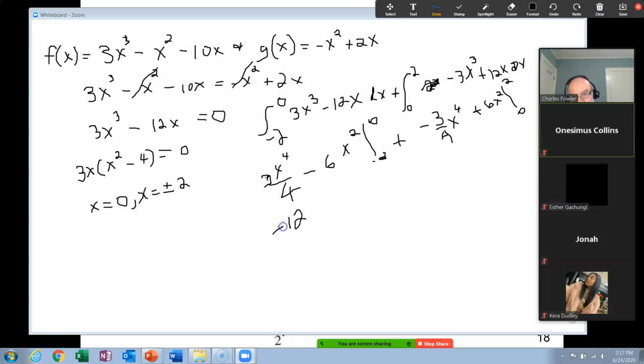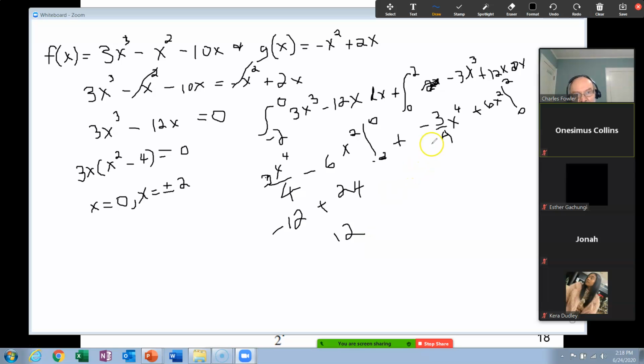That's a minus 12, right? Yeah, minus 12. And then minus a minus is a plus. And when you square that, it's going to stay a plus. 6 times 4 is 24. Okay, and that's going to yield 12.